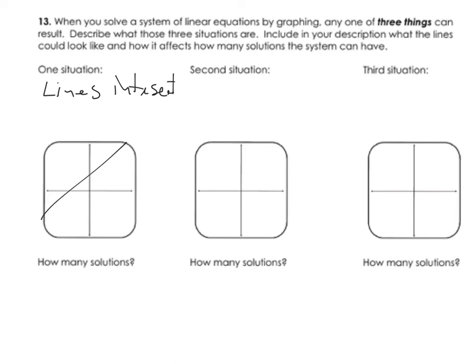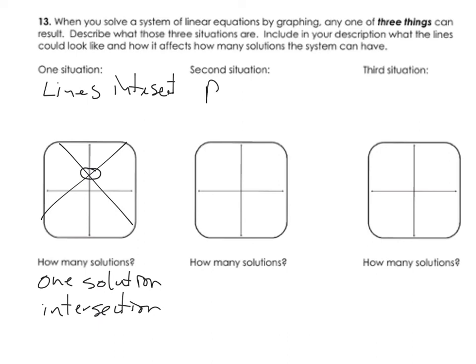And what that looks like in my drawing would be something like that. How many solutions? You just have one solution. And the solution is the intersection. Okay? The second thing that can happen is parallel lines.